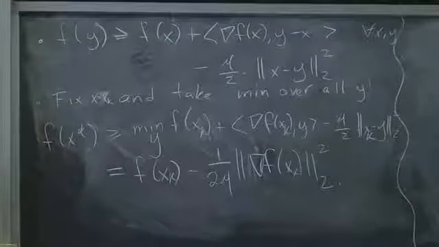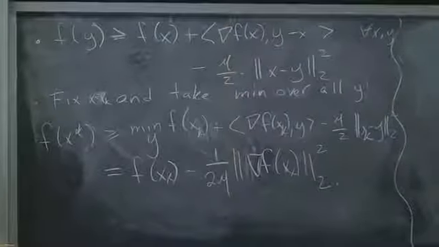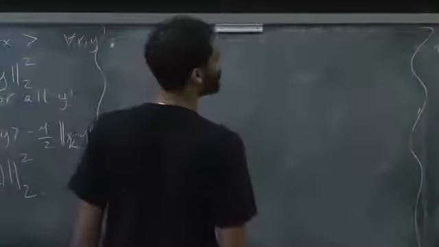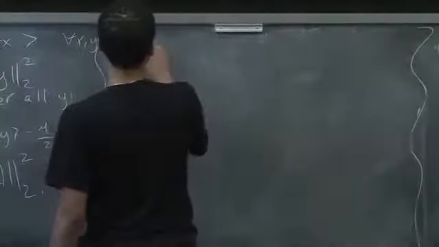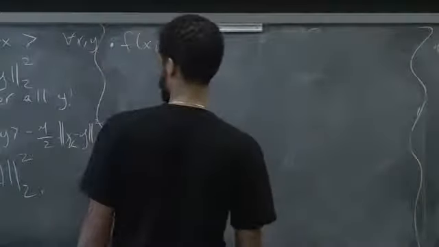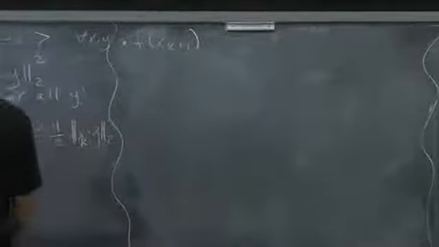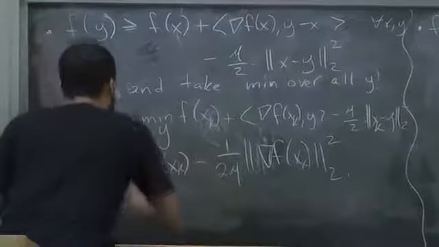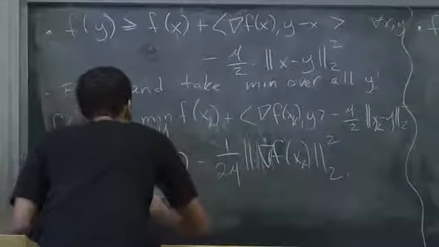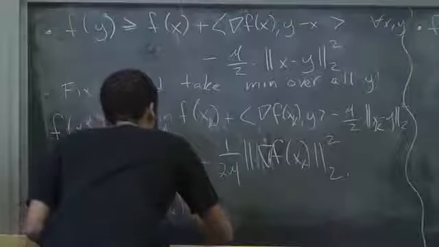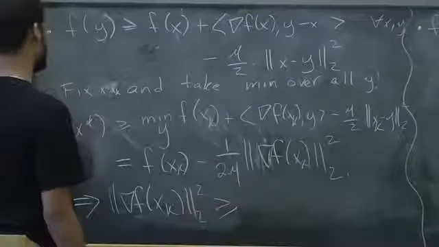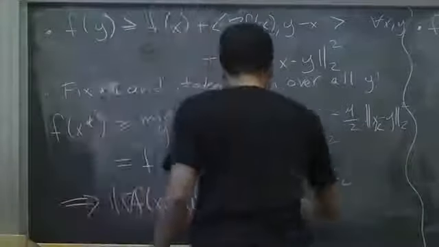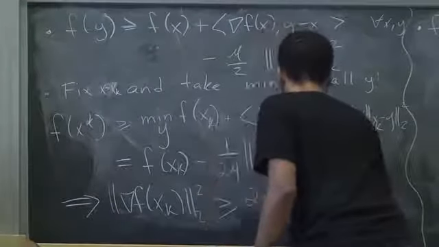Okay. So now I want to combine these things. What do I know? I know that f of x k plus 1, and let me actually bring this thing over here, and let me just say that this implies that the gradient squared norm is at least two mu times f of xk minus f of x star.